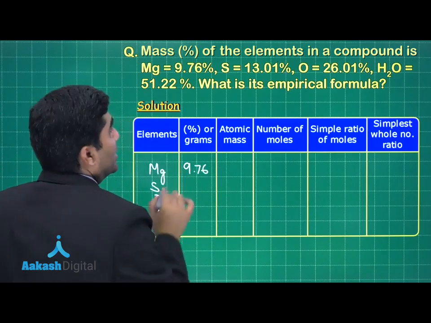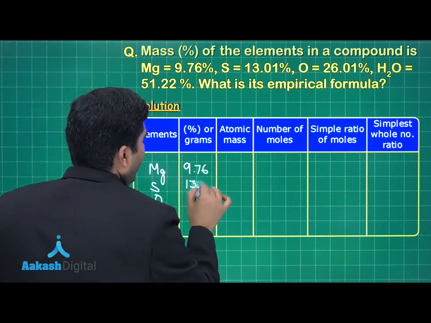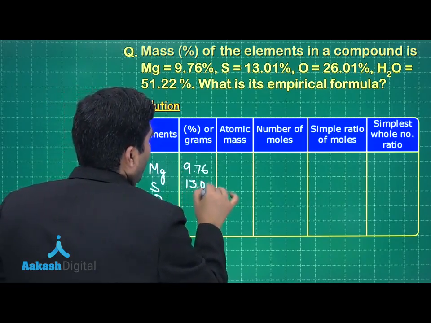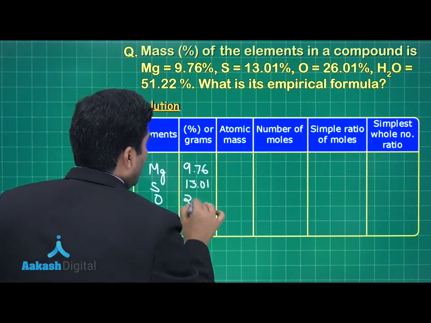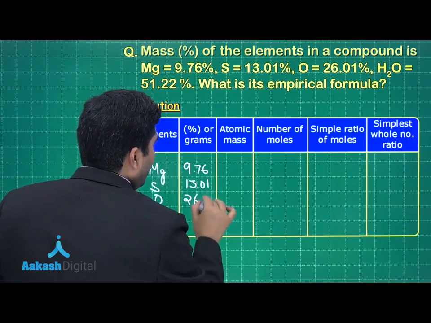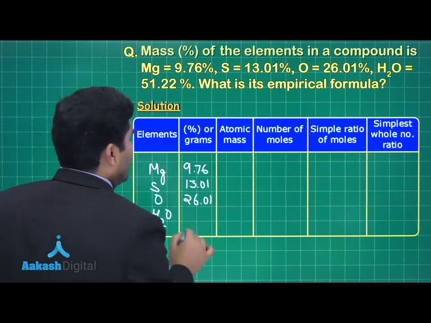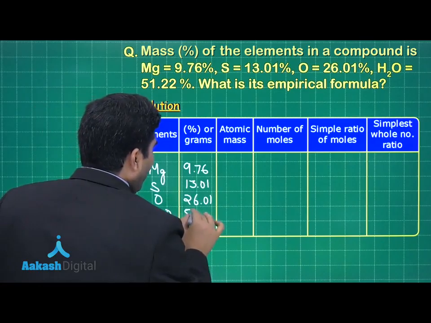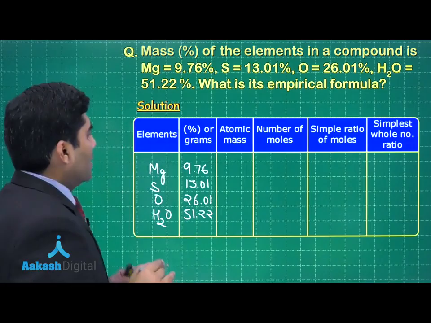Magnesium is 9.76%, sulfur is 13.01%, oxygen is 26.01% and water is 51.22%.